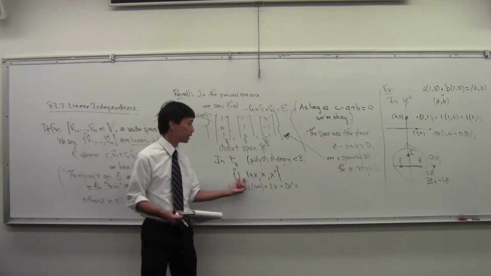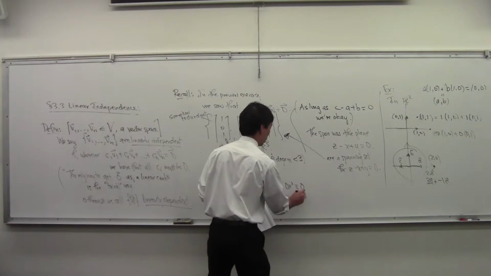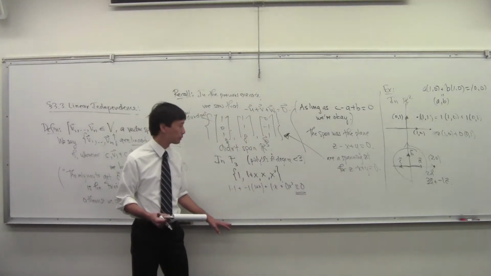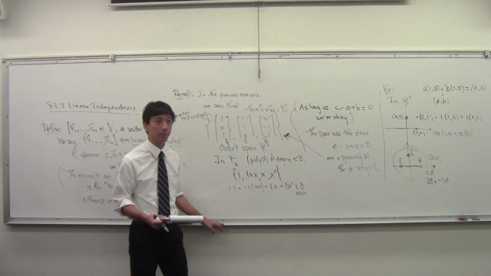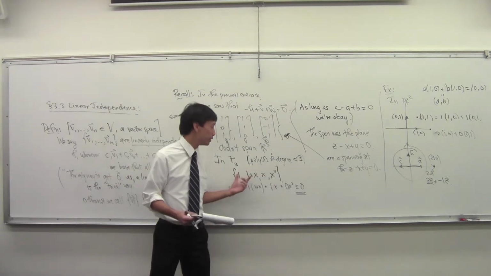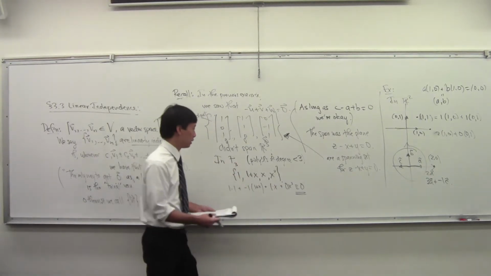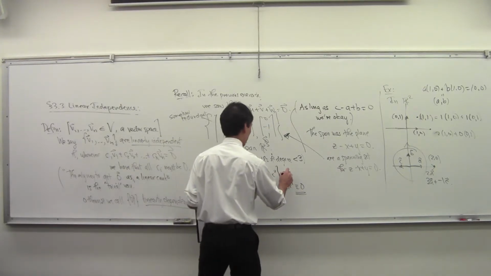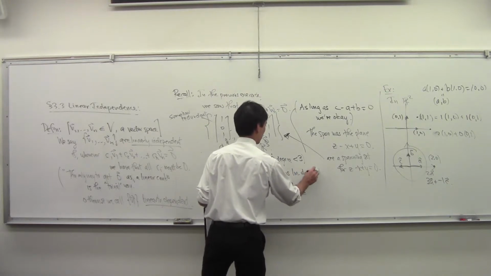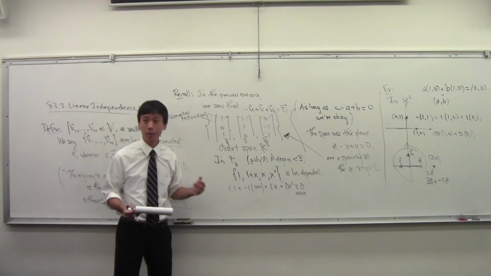Each of these guys is a polynomial, and I end up with the zero polynomial, a function that's 0 all the time. In other words, the zero vector of P3. So they're dependent, because you can find some combination that yields the zero vector.